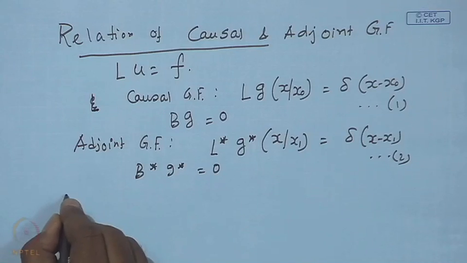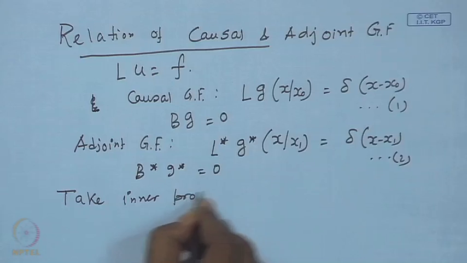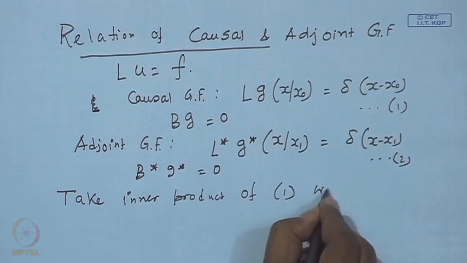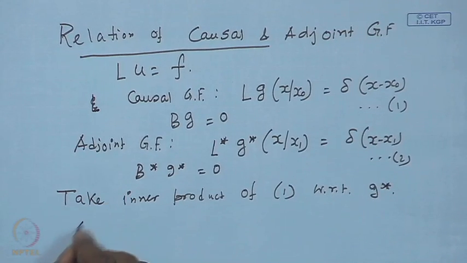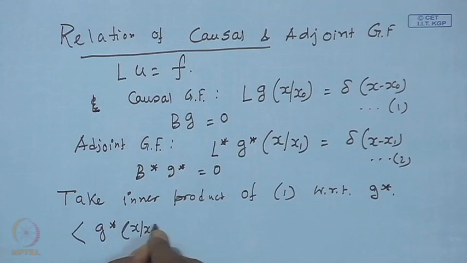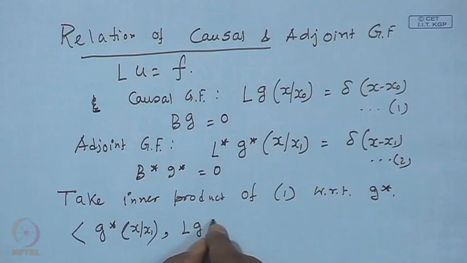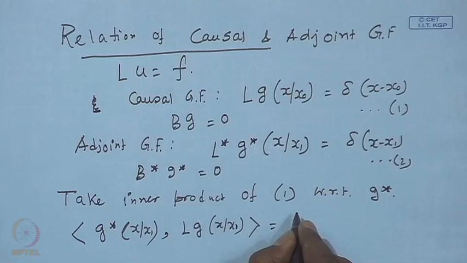Then what we do? We take the inner product of 1 with respect to G star and see what we get. So, the inner product of g*(x/x1) with L g(x/x0) should be equal to, in case of continuous function, the inner product becomes an integral, we have already done earlier.